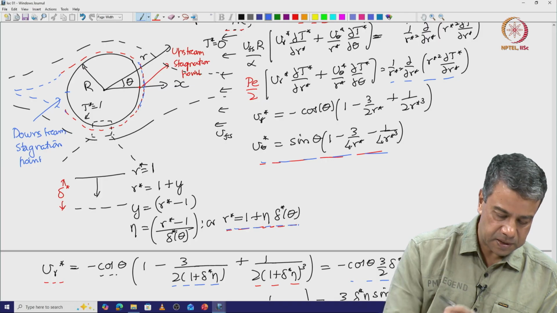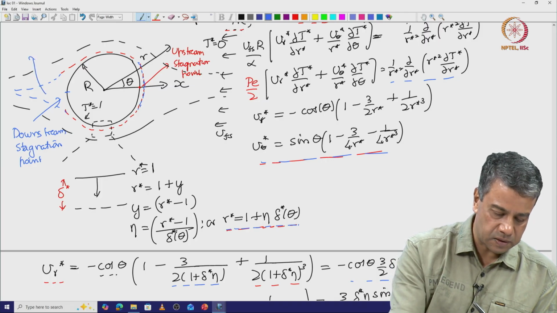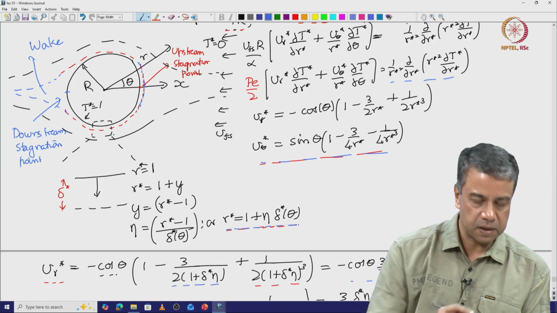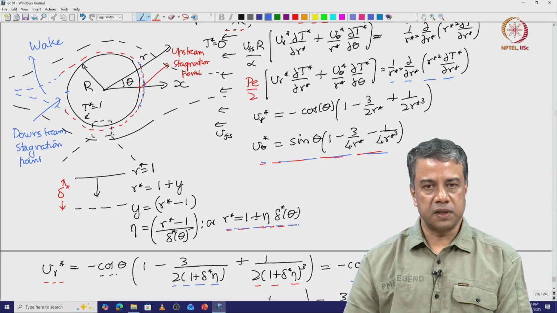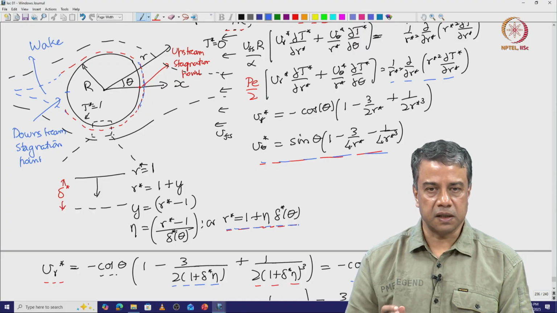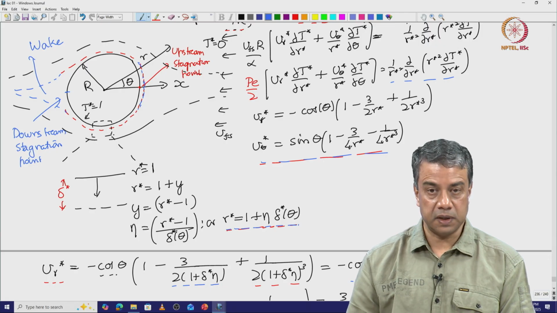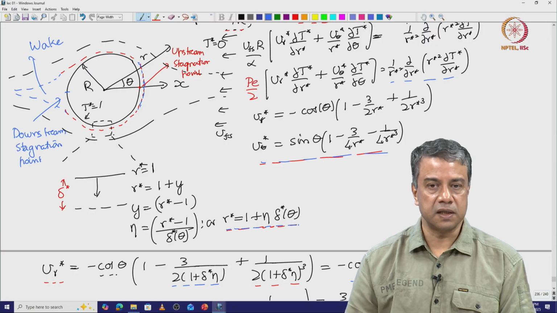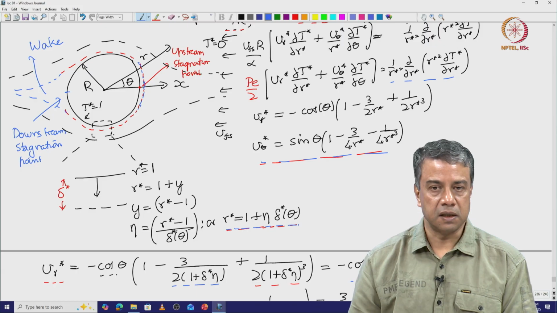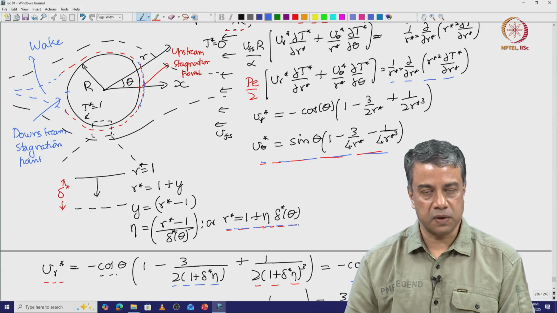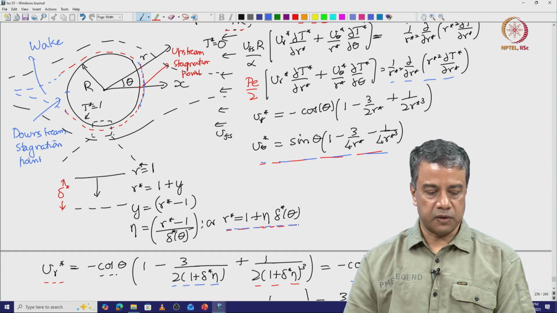And at the downstream stagnation point, you have a region which is called the wake. If you constrain the boundary layer thickness to be finite at the upstream stagnation point, as it should be, because flow is incident and the heat conduction is radially outward, you would expect a finite boundary layer there.